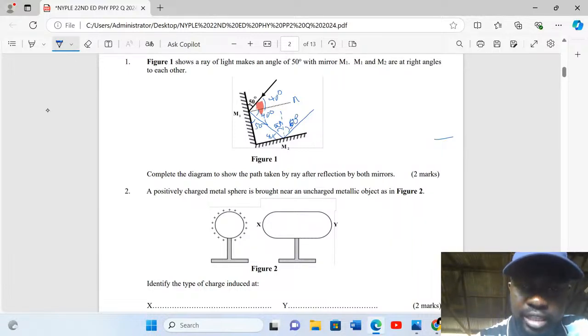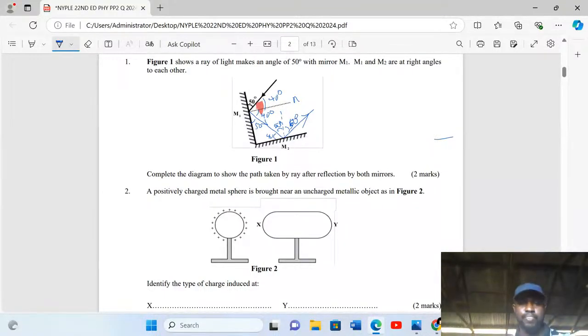Then I will indicate the way it is emerging out like that. That is now the way to respond to that question.